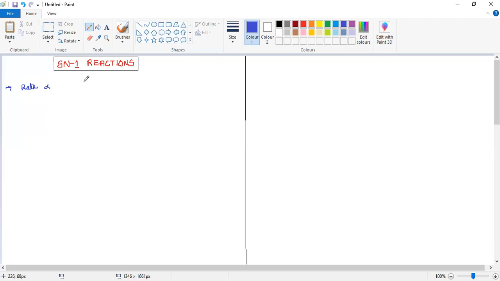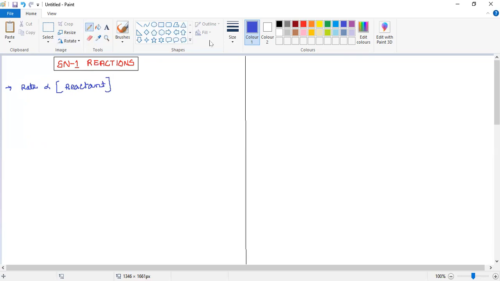In SN1, the rate of reaction is directly proportional to the concentration of the reactant only. It depends only on the reactant.